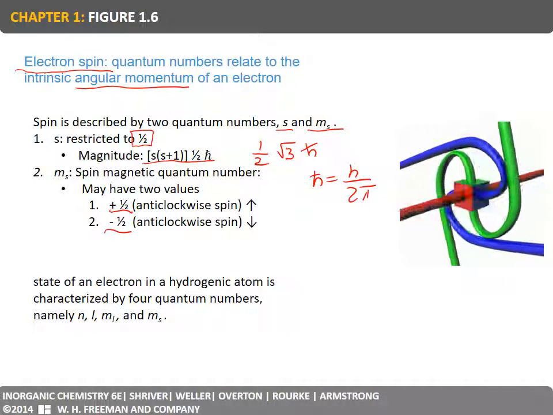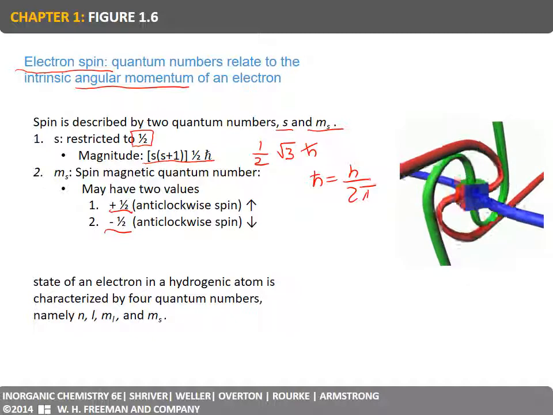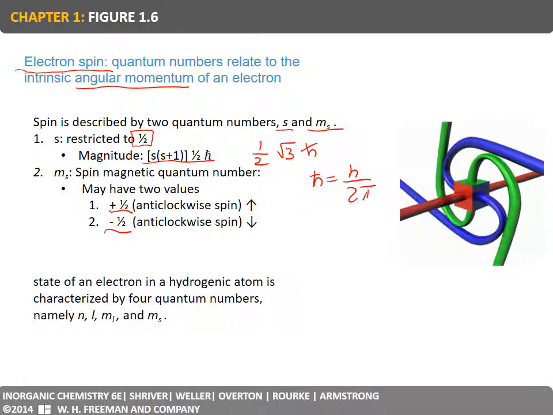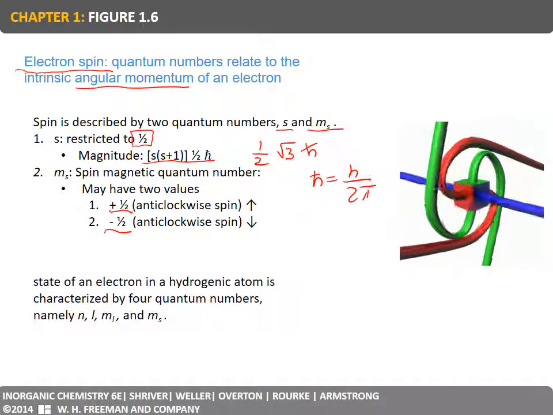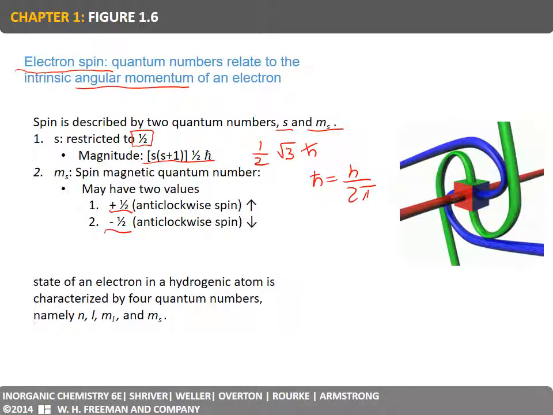So to be able to completely characterize the state of an atom, we need to have these 4 parameters, 3 of which were introduced in a previous lecture, the n, l, and ml.